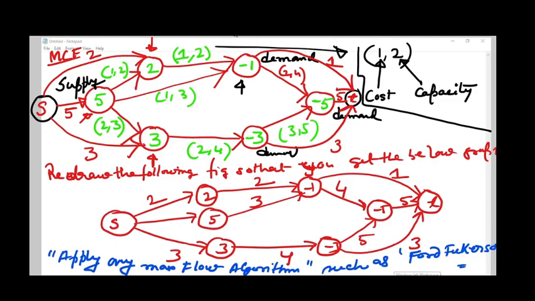Okay, students. Up to this much is clear. But in our syllabus, the topic is the cycle cancellation algorithm. All of you have done this thing. Shall I go to the next?